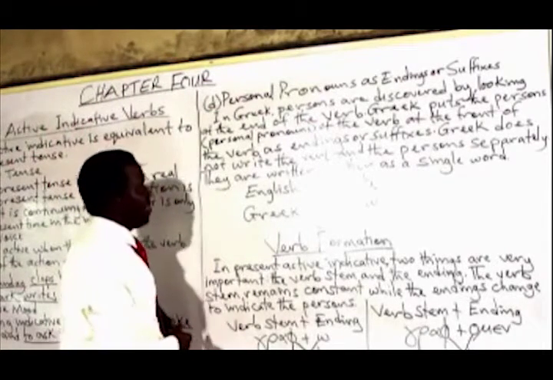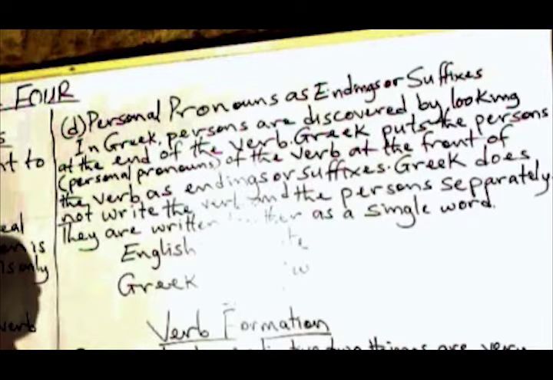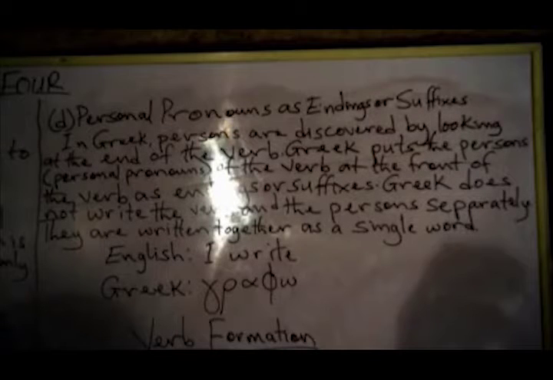Greek does not write the verb and the persons separately. They are written together as a single word. We have examples. English: I write. That is how English writes. But in Greek, both are written together. The personal pronoun and the verb are written together as grapho. In Greek, grapho means I write.